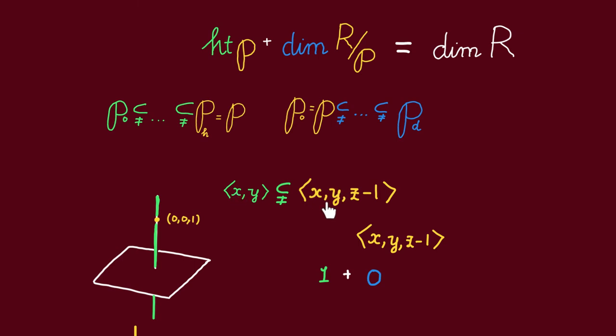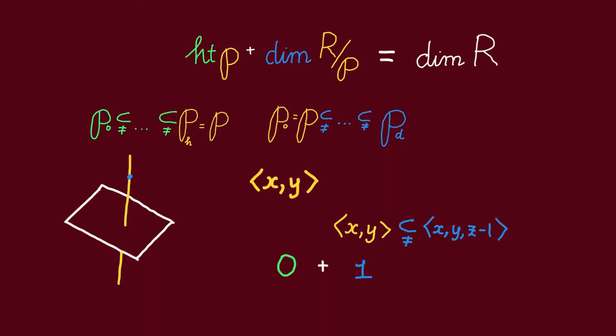So this chain is already maximal, and its length is 1, which is smaller than the dimension of R. Note that 0 is not a prime ideal because R is not an integral domain. Geometrically, it means that the whole of this variety is not irreducible.